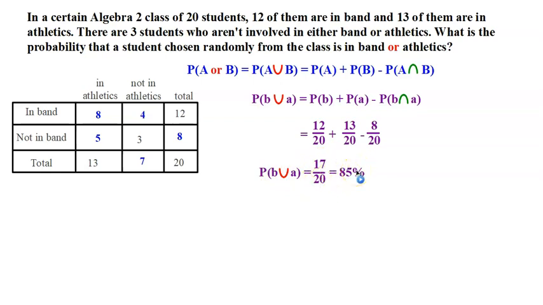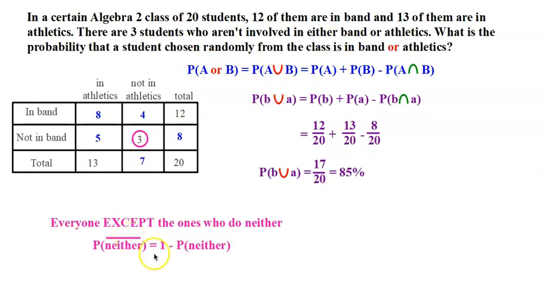Now, I do want to point something out. If they are involved in band or athletics, that means what we're looking for is everybody except these 3 right here, right? We want everybody except the ones who don't do either of them. So another way we could shortcut this is, remember, we could find the complement.